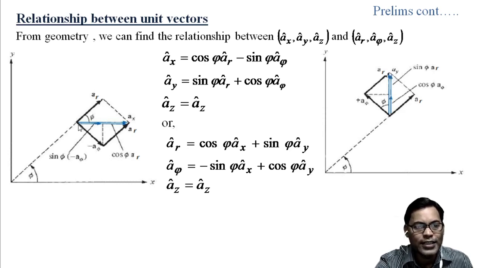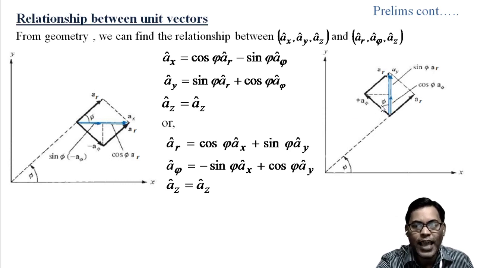Now as I said earlier, this is the vector r, and this is the x-axis. So here the unit vector is ar and it makes angle phi, and this one is ay. If this is phi, and we draw the x-axis here, then this angle will be 90 minus phi and this angle will be phi.